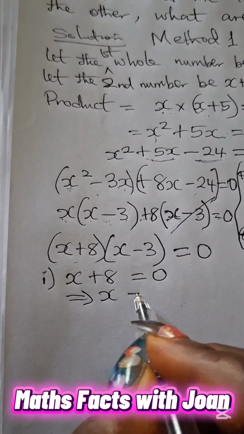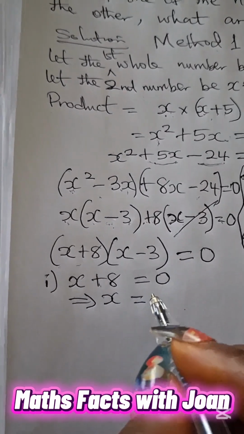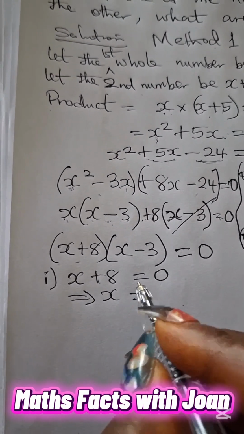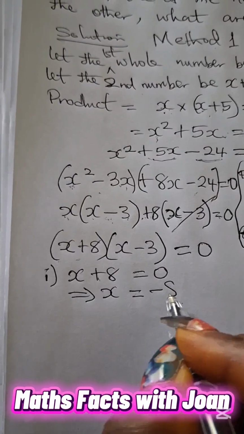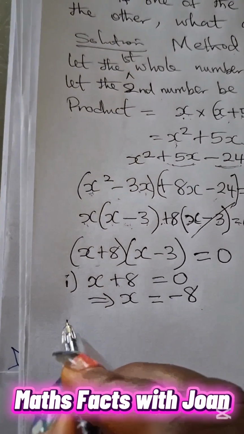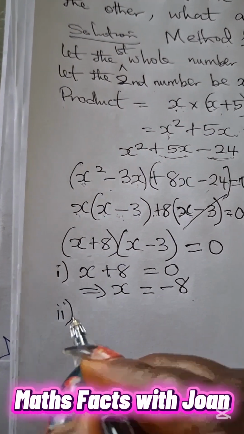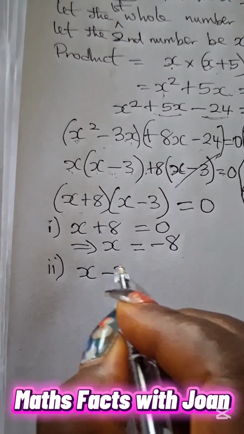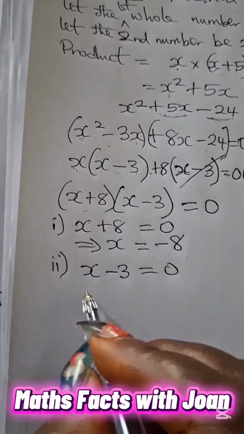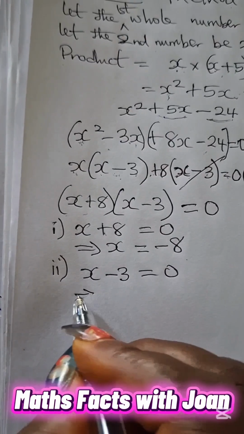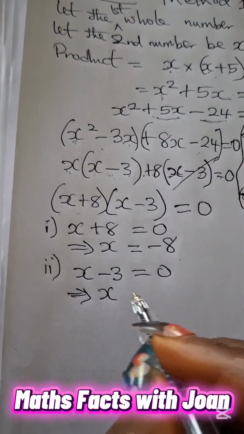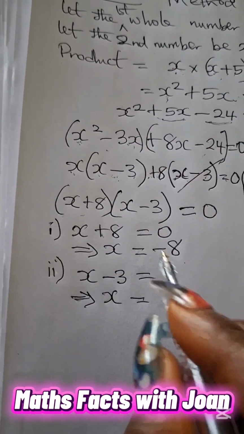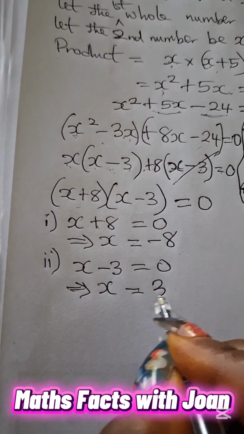X will now be equal to 8 moves over to the other side, crossing the equality sign, and changes to negative 8. Okay? That's our first answer. The second answer will have x minus 3 equal to 0. What does it imply? X will now be equal to negative 3 crosses the equality sign to become 3.